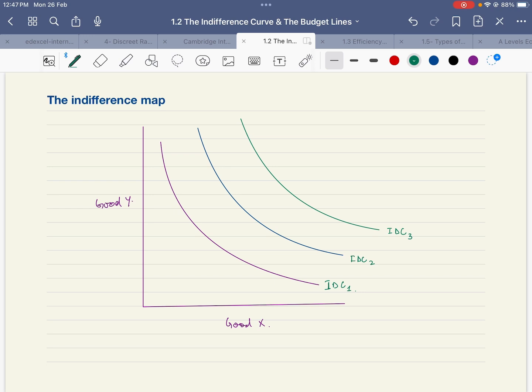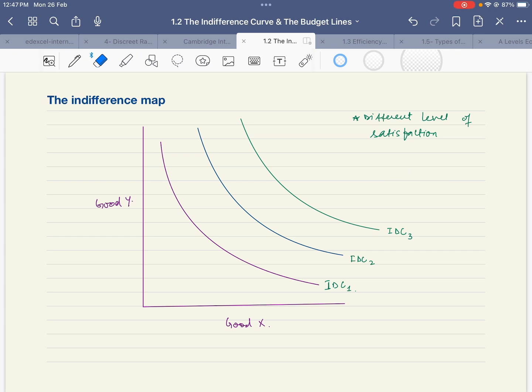Each indifference curve shows a different level of satisfaction. As the curve moves up, satisfaction level increases, right? As we know that whenever there is a right shift, there is an increase. Whenever there is a left shift, there is a decrease.